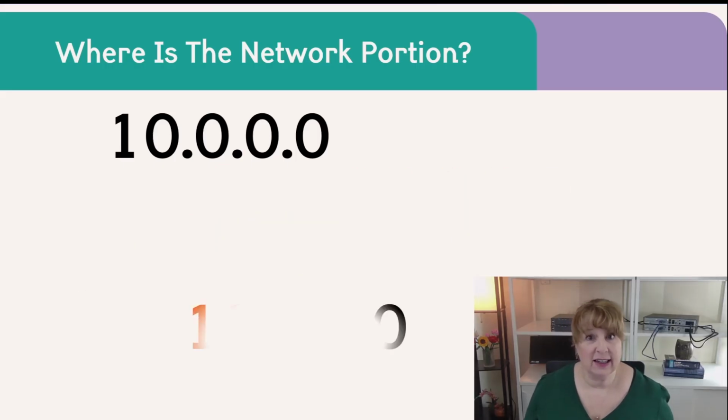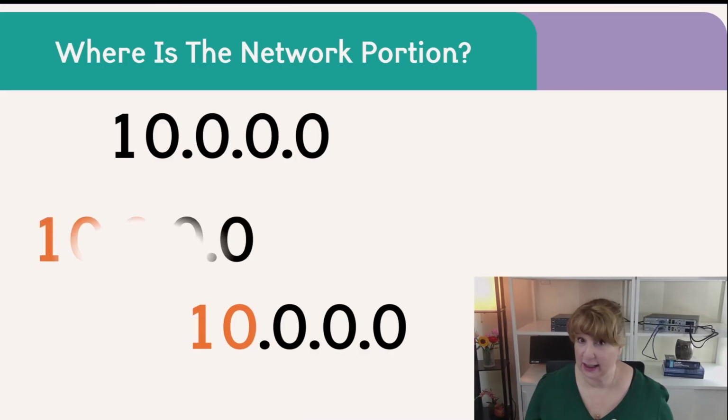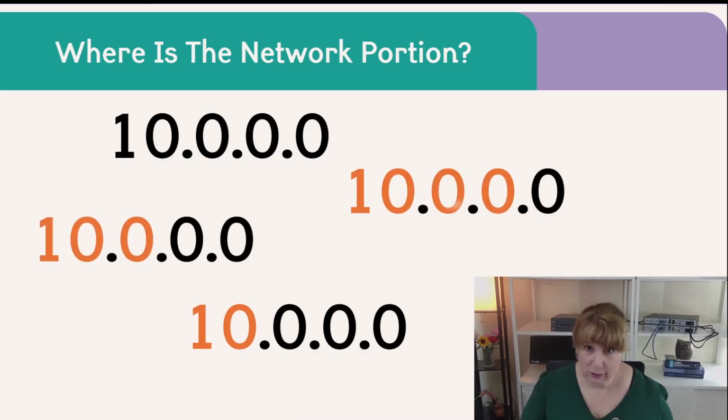Let's take a look at this IPv4 address 10.0.0.0. You tell me which part is the network portion and which part is the host portion. It could be that 10 is the network portion and .0.0.0 is the host portion. Or it could be that 10.0 is the network portion and just .0.0 is the host portion.